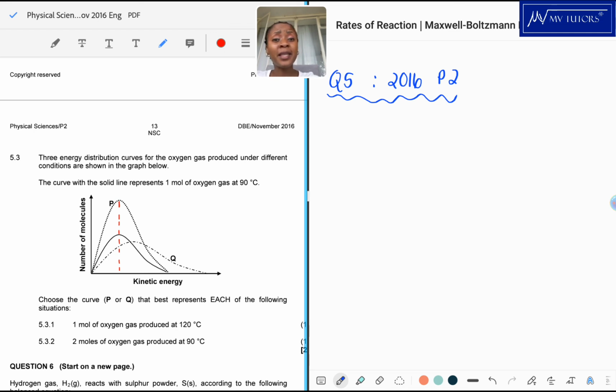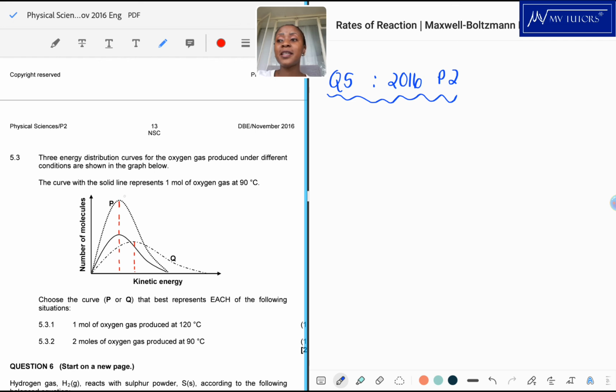Okay, because we had 3 conditions. We looked at temperature, we looked at concentration, we looked at a catalyst. And the cases where the most probable energy was the same is when you added a catalyst or you increased or decreased concentration. Okay, the most probable energy for the other graph has shifted to the right.